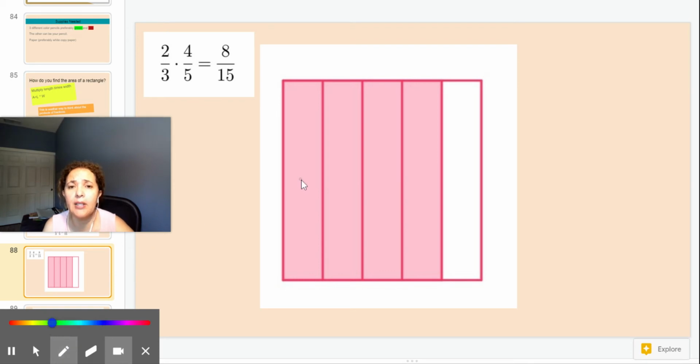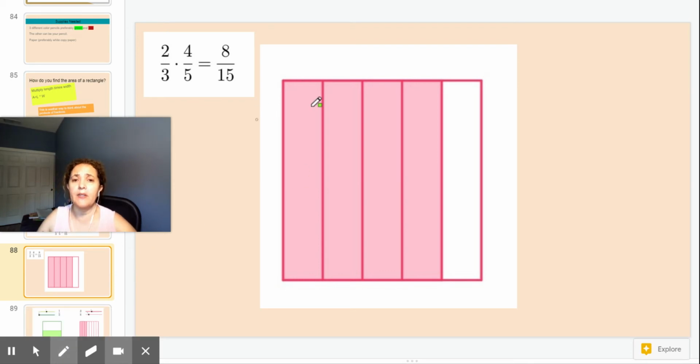So I'm going to divide it up now because this one's done vertically. So my 2/3 has to be done horizontally. So I'm going to divide this as best as I can into 3 equal parts. And excuse my not so straight lines, kind of hard to do with my mouse.